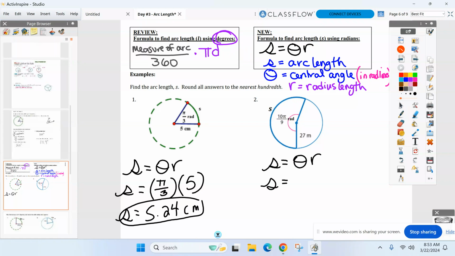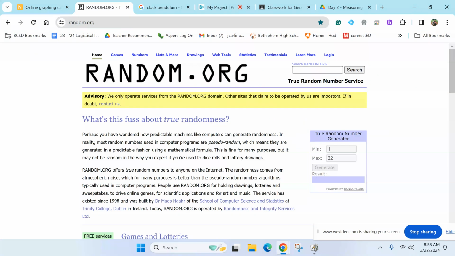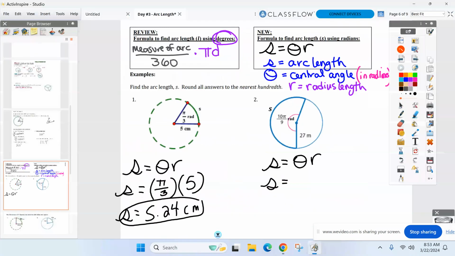All right, theta, the angle measure in radians, what is it here? What's your central angle for this one? Henry, back to you back there. 94.25. I just wanted to know the central angle, Henry. That's it. 10 pi divided by 9. Thank you.